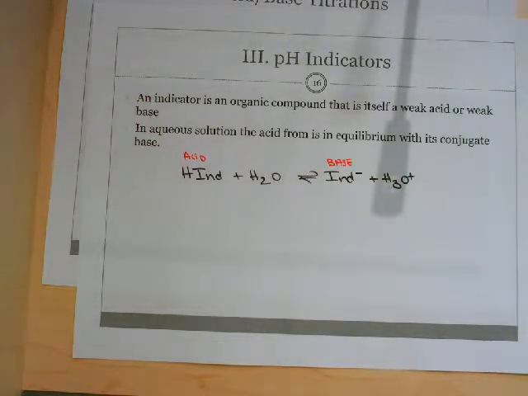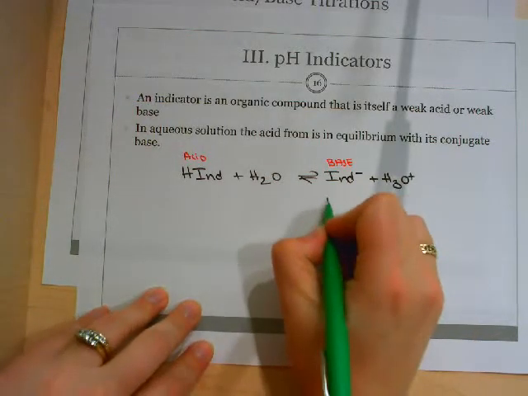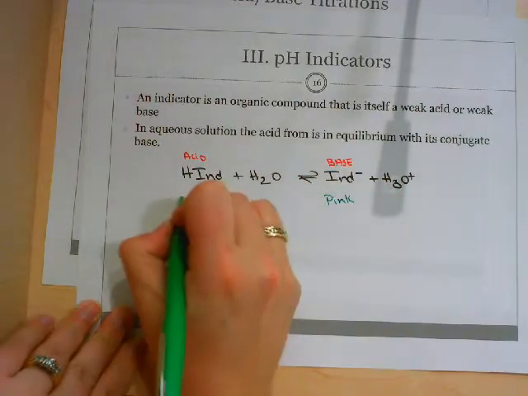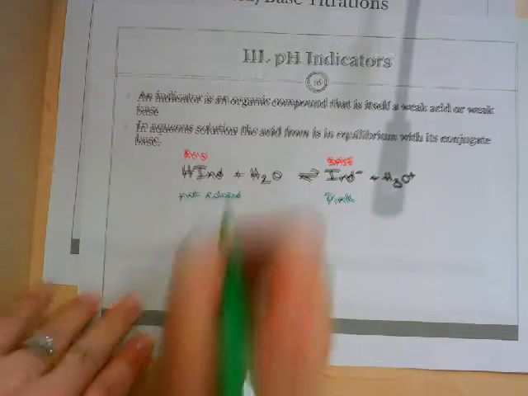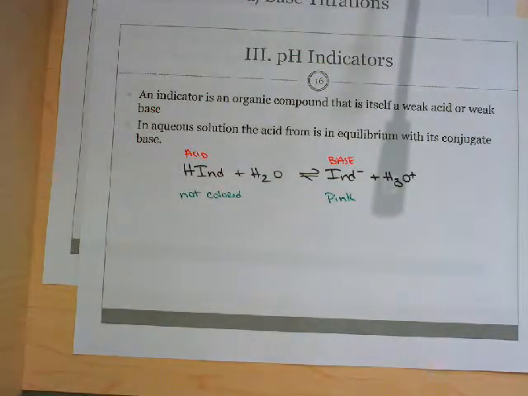Let me think for phenolphthalein. I think this is pink, and this is the not colored. You could call it clear. It'd be scientifically incorrect. It just doesn't have color. It's either colored or not colored. You can use clear. That's fine.